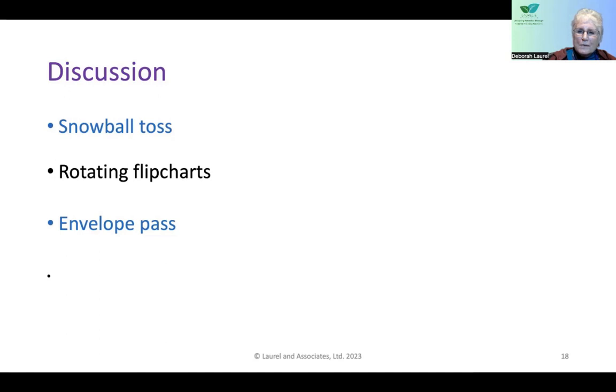And so table 1 starts with whatever the question is, whatever the challenge is, and they brainstorm and write their answers on how to handle it on index cards and put those index cards into the envelope. And then it goes on to the next table and they get a new one. And each table doesn't open up the envelope and read what has already been written.